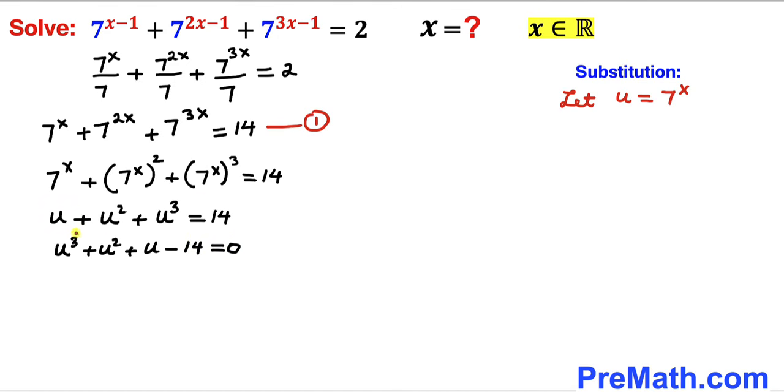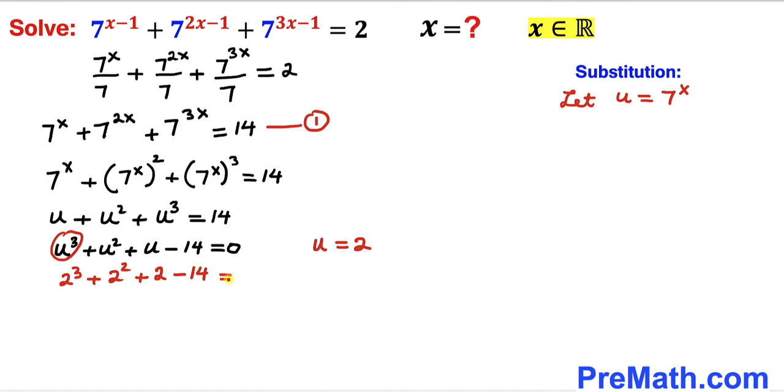Now we can see our highest degree is 3, so we are going to have at most 3 solutions. If I pick u equal to 0, that is not going to work, it's not going to be equal to 0. Next, if I pick u equal to 2 and plug in the u value as 2, that's going to become 2^3 + 2^2 + 2 - 14.